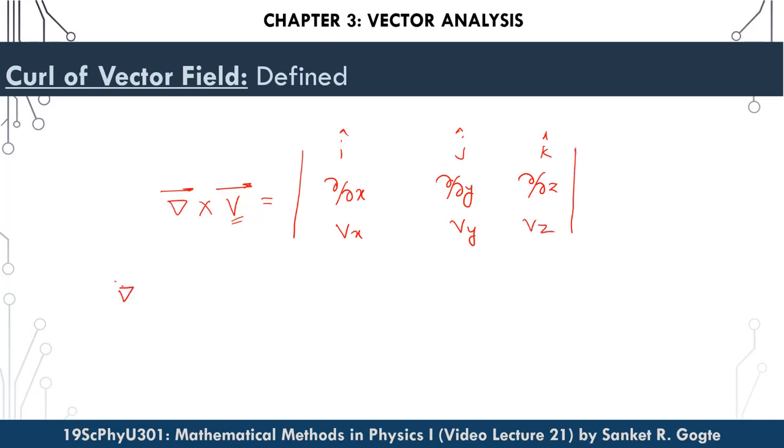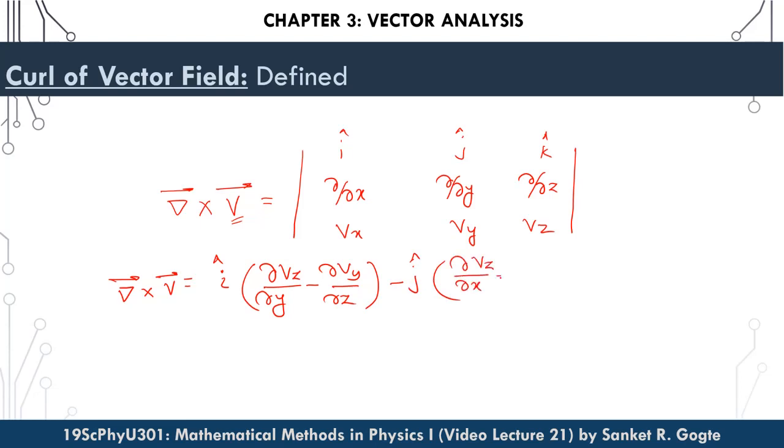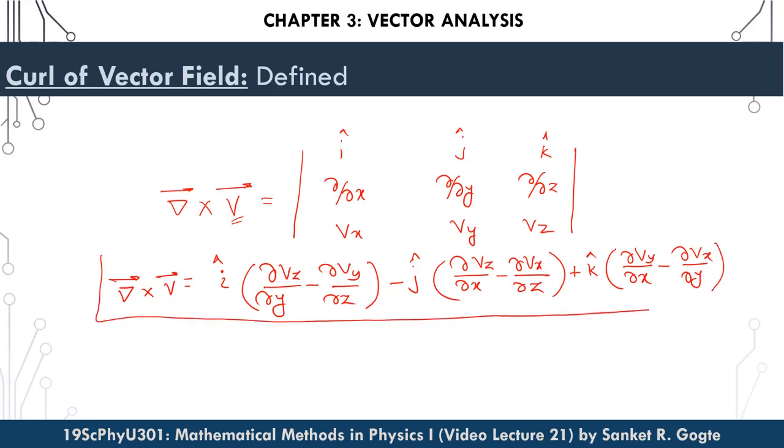And therefore, this del cross v is this vector quantity: i into (dou vz by dou y minus dou vy by dou z) minus j (dou vz by dou x minus dou vx by dou z) plus k into (dou vy by dou x minus dou vx by dou y). So in this way, curl of any vector field is calculated.